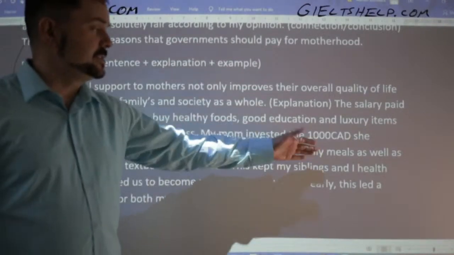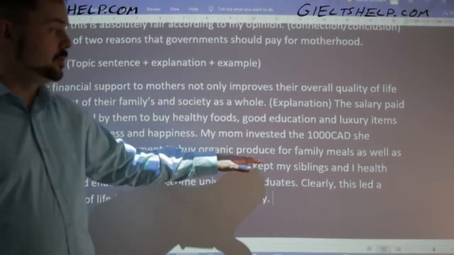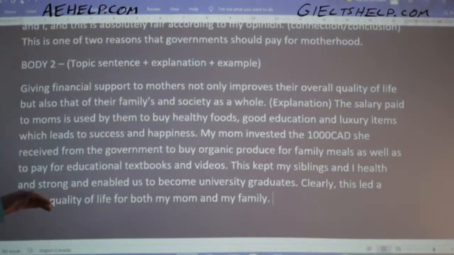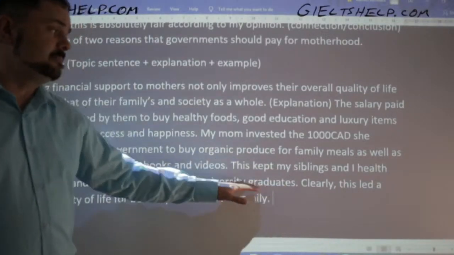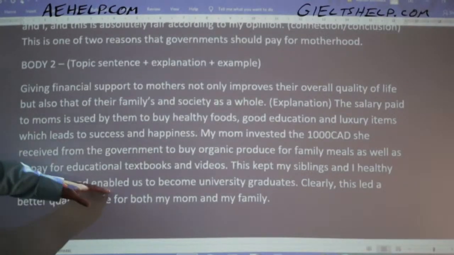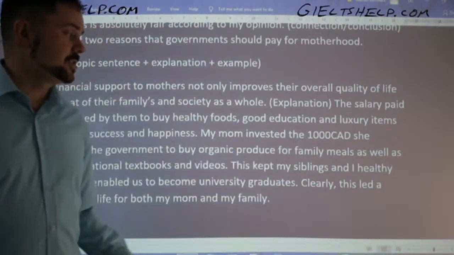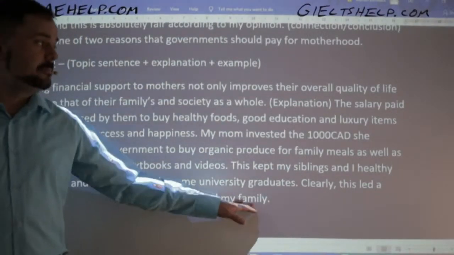My mom invested the $1,000 she received from the government to buy organic produce for family meals, as well as to pay for educational textbooks and videos. This kept my siblings and I healthy, word form mistake, healthy and strong, and enabled us to become university graduates. Clearly, this led to a better quality of life for both my mom and my family.